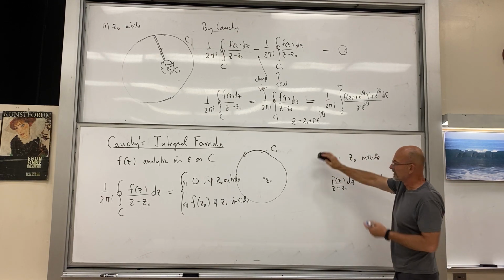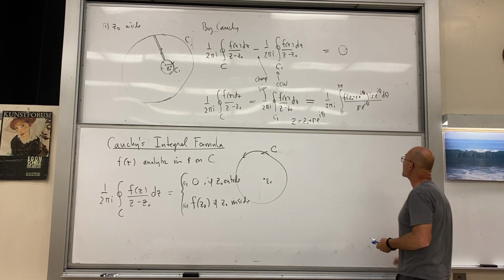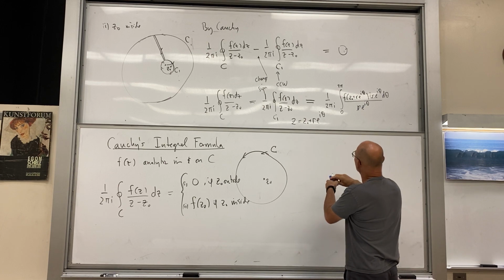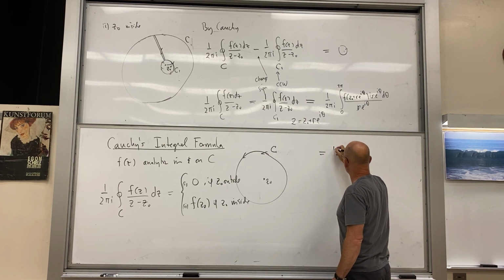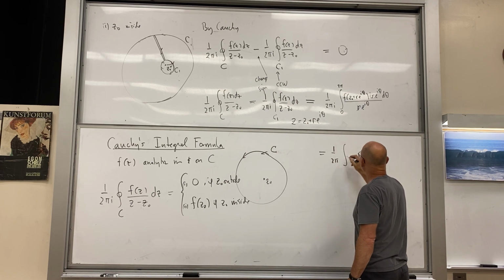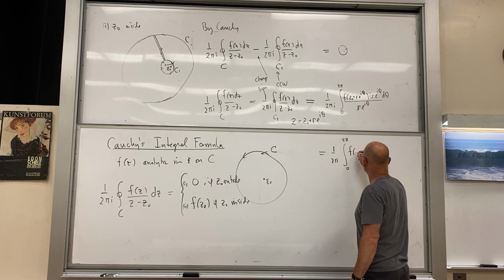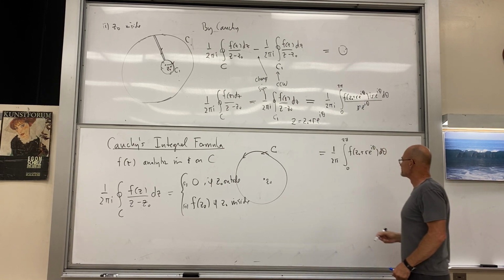And in fact, we'll have the theorem we'll look at when we're all done to make sure we saw what happened. Okay, so we're continuing this and pull the i out, so we have 1 over 2 pi integral from 0 to 2 pi of f of z0 plus r e to the i theta d theta.